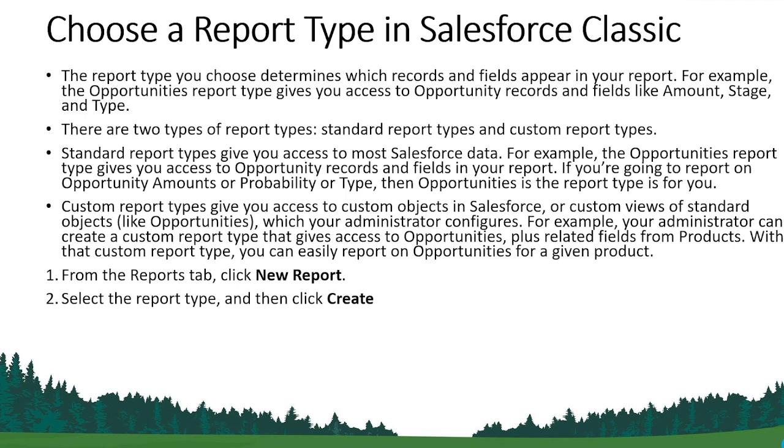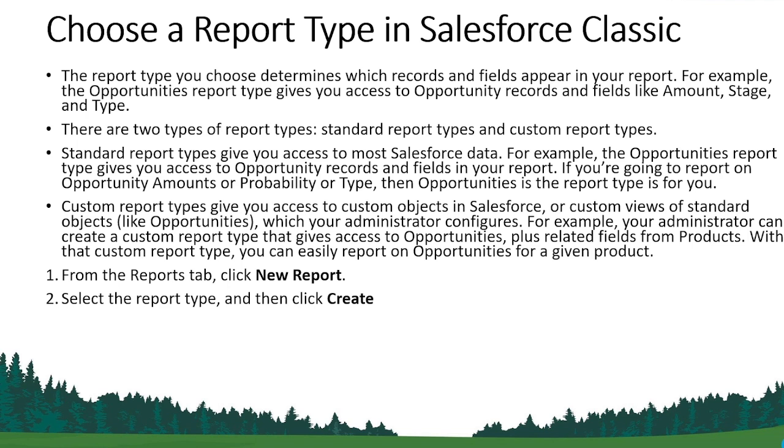When I am talking about the custom report type, you are giving access to only the custom objects that you have created in Salesforce, or the custom views of standard objects. So you want only certain views of those objects. You are using the administrative properties to configure or to edit your reports. So the administrator can easily create a report type.